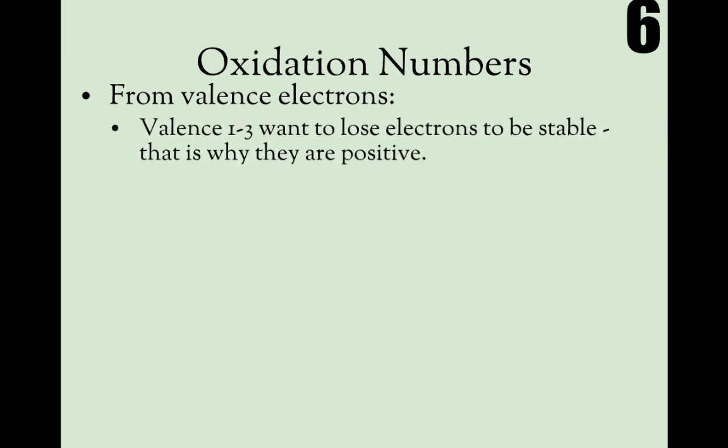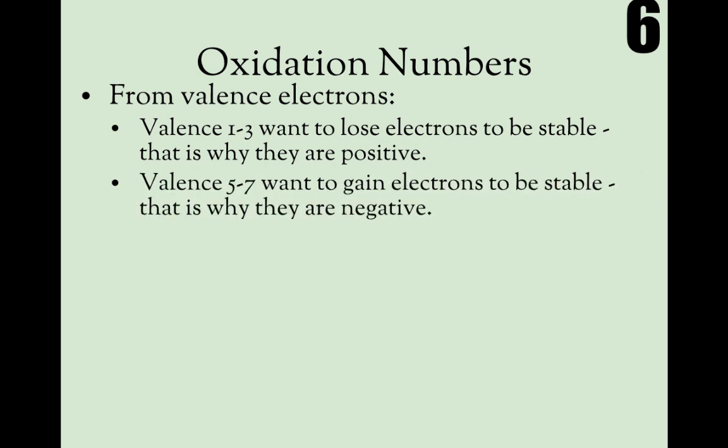Okay, so oxidation numbers come from the valence electrons. It's what they want. A valence of 1 through 3, they want to lose their electrons to become stable. That's why they're positive, because they make themselves into positive ions because they lose their electrons. A valence of 5 through 7, they want to gain electrons in order to be stable.